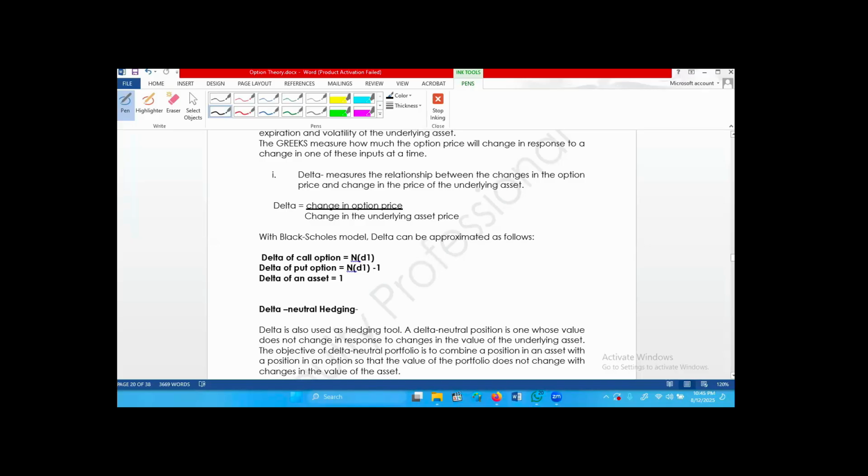The objective of a delta neutral portfolio is to combine a position in assets with a position in options so that the value of the portfolio does not change.